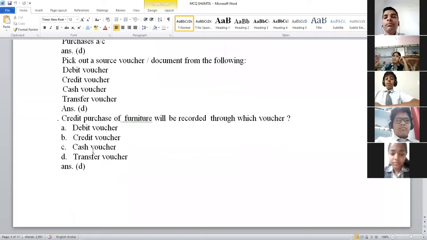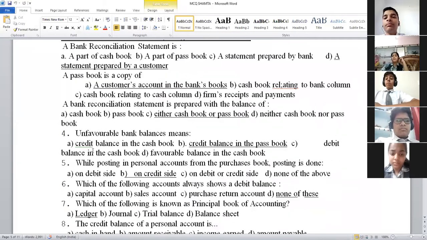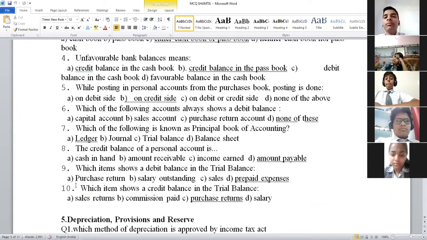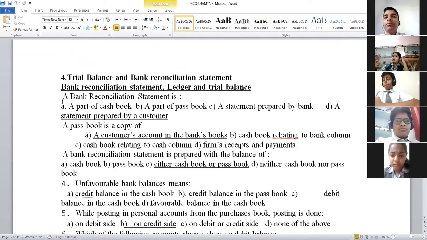Okay, so these types of questions will be there, and I already discussed these types of questions. Bank reconciliation statement is a part of cash book, a part of passbook, statement prepared by bank, statement prepared by customer. What will be the correct answer?